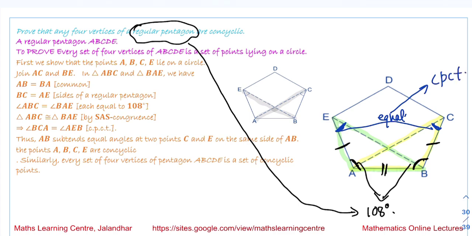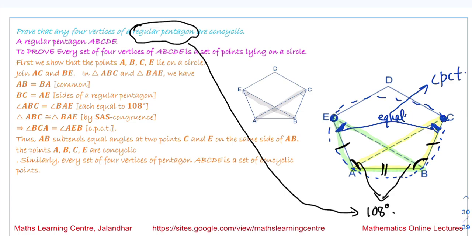So AB subtends equal angles at two points C and E on the same side of AB. So what we get is that A, B, C, E are concyclic. This result we have already seen. We can find a circle for which AB is a chord, and C and E, subtending equal angles, lie on the circle.